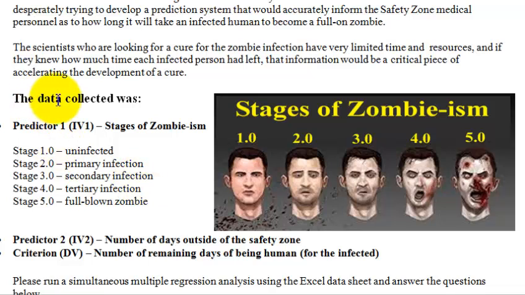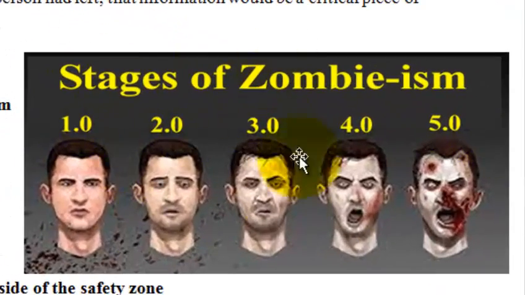So from the data collected, we identified that our predictor 1, which is IV1, is the stages of zombieism. Look at the right side of the picture, and that's how each stage is described and explained. Stage 1, that is a normal human being, who is uninfected. Stage 2, primary infection.